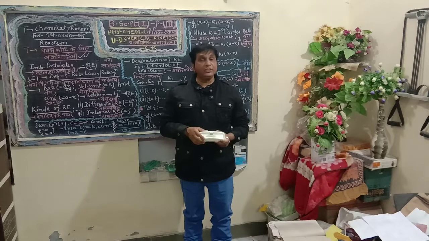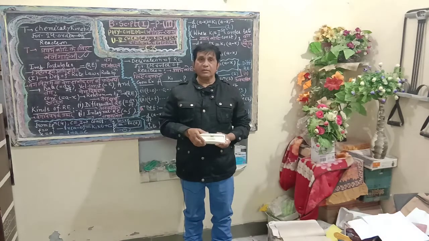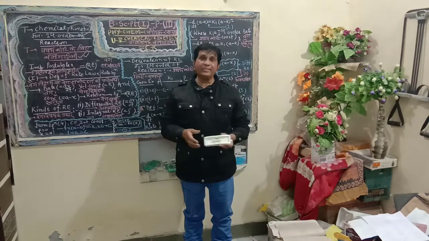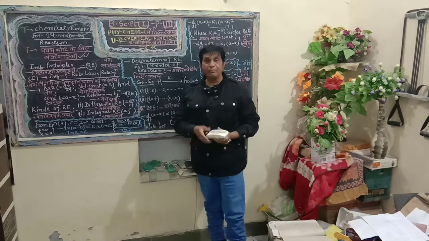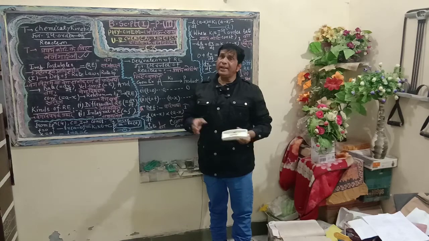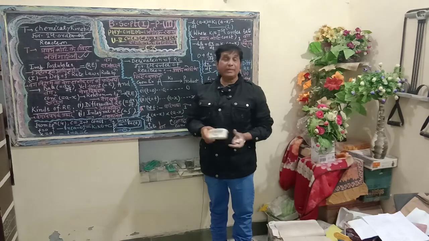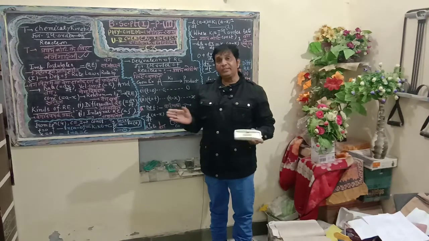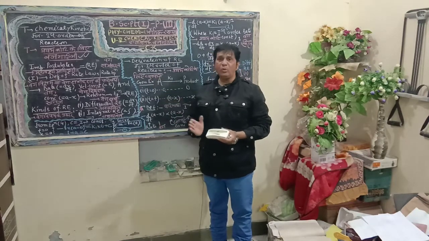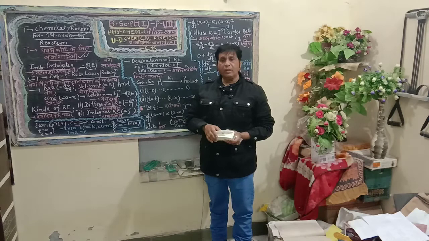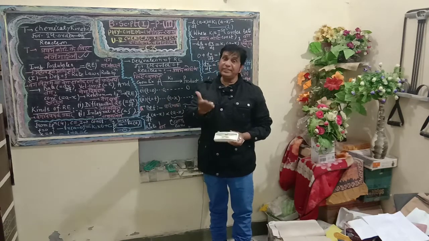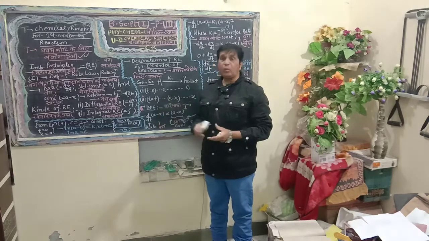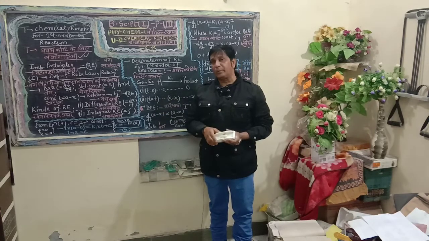The next factor, which is mainly concerned with the difference between order of reaction and molecularity, is mechanism. There are many typical reactions known in physical chemistry in which reactions undergo more than one step. Out of these, the rest of the steps proceed fast and one step proceeds slowly.